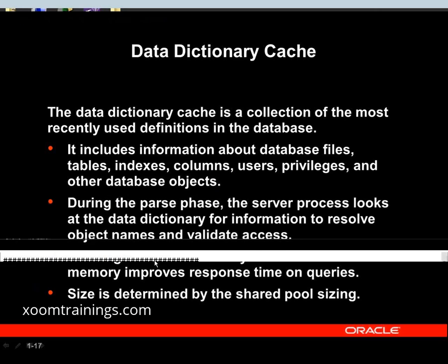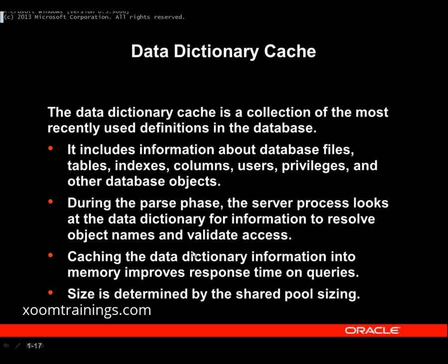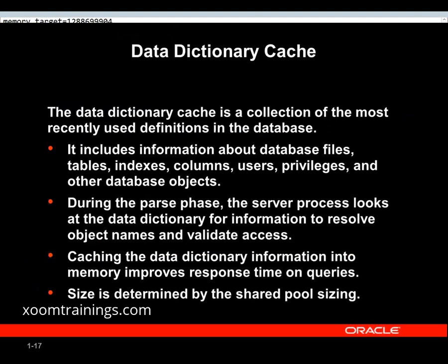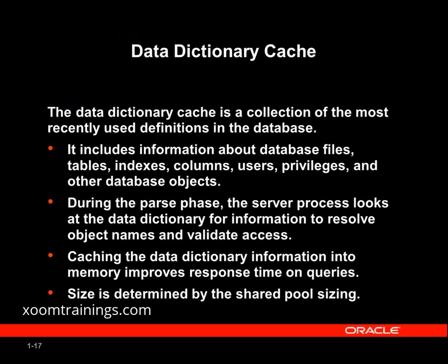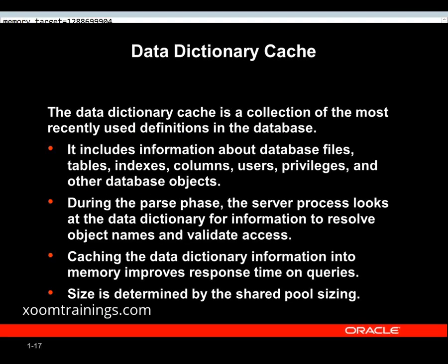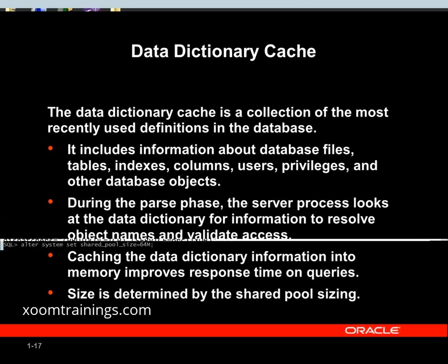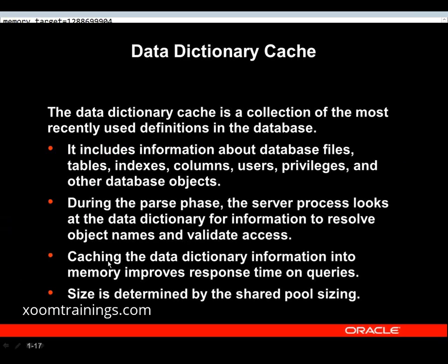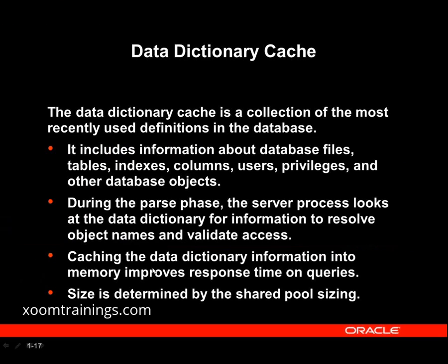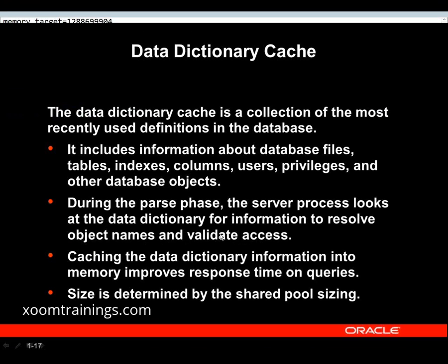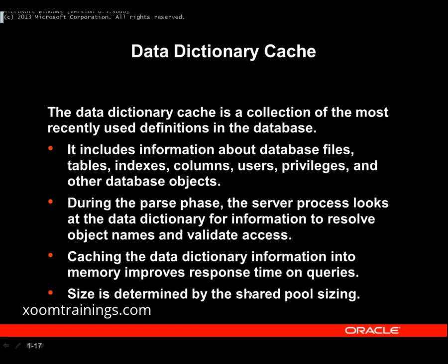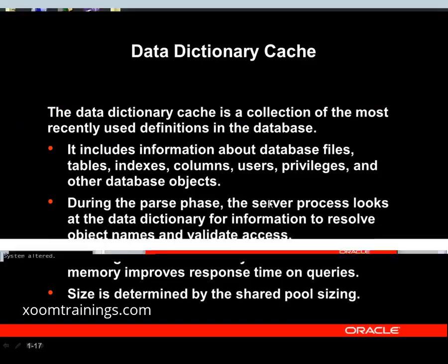So if, let's say, I fired a command select star from, and again I am refiring that same command, at that time the rights are not going to be checked again. It's for performance, because I am already validated, so it avoids rechecking the rights. Its size also depends upon the shared pool.